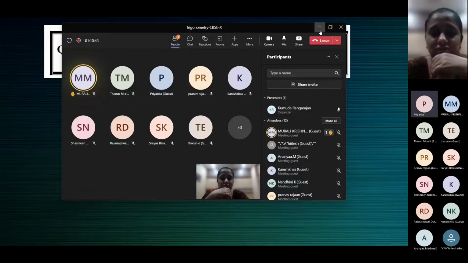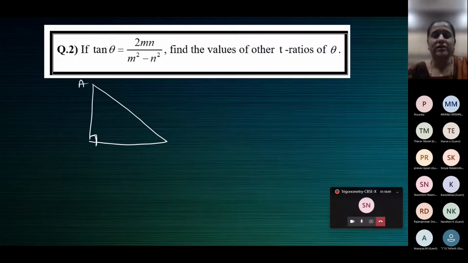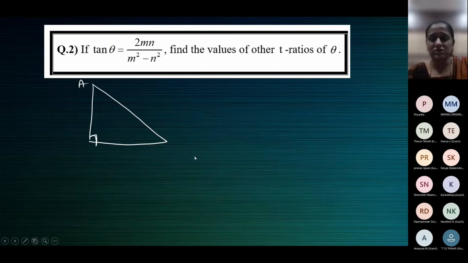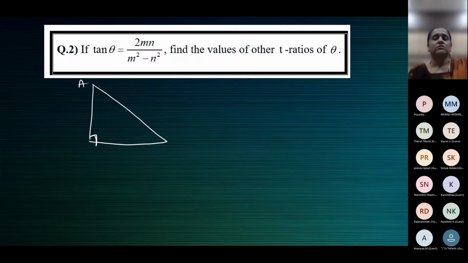For some time it was unclear. Did you miss any part of the explanation? Yes, ma'am, some part. Okay, tell me, this previous one? Yes, ma'am, I understood this.